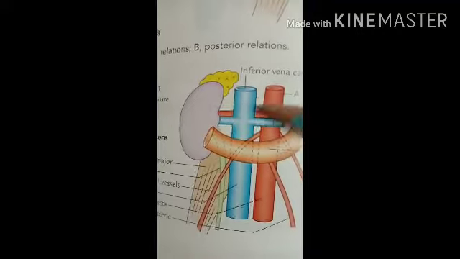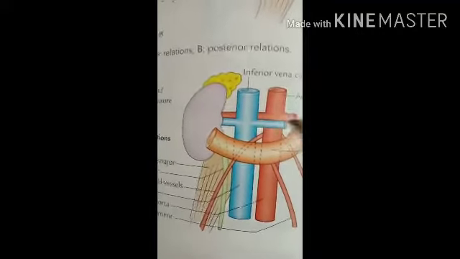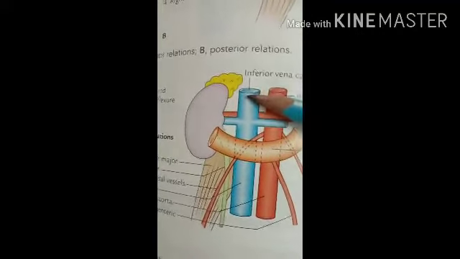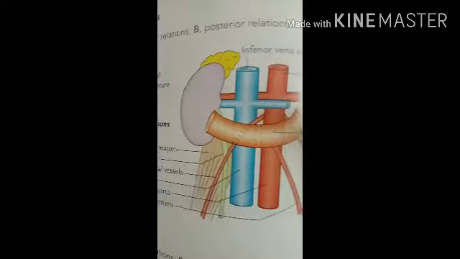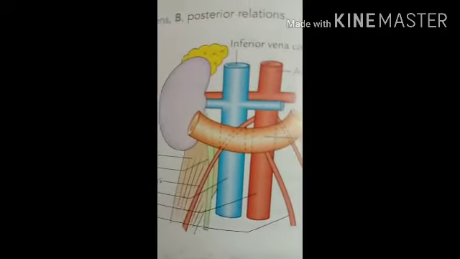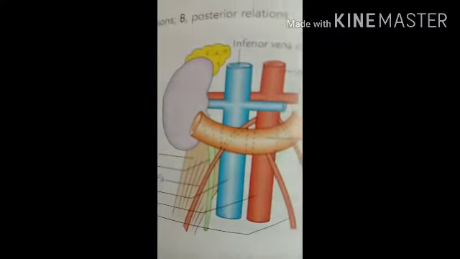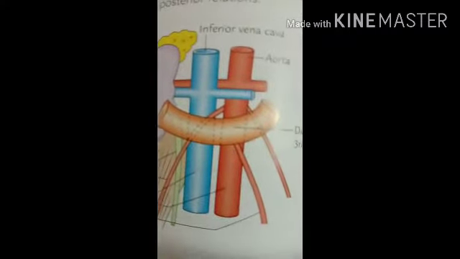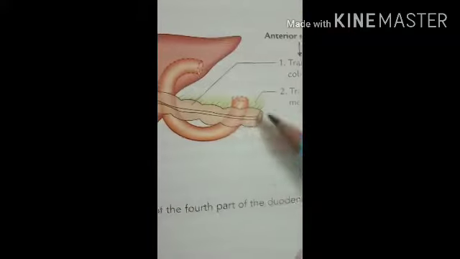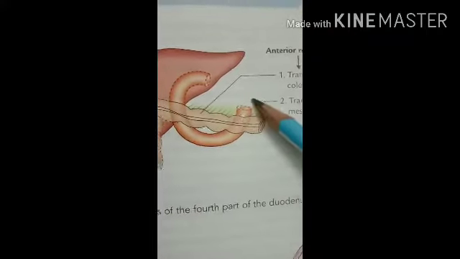Then the superior relations: in the upper side there is the head of the pancreas and the uncinate process, and on the inferior side there are the coils of the jejunum. Okay, so this is the third part of the duodenum. Then the last one, the fourth part of the duodenum.